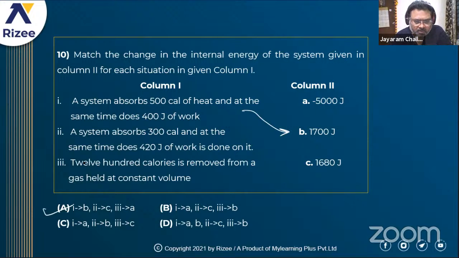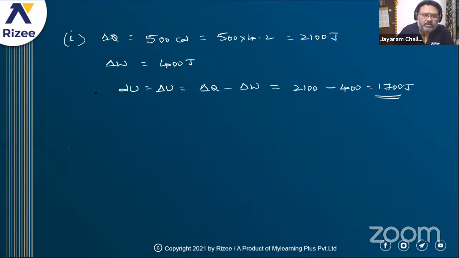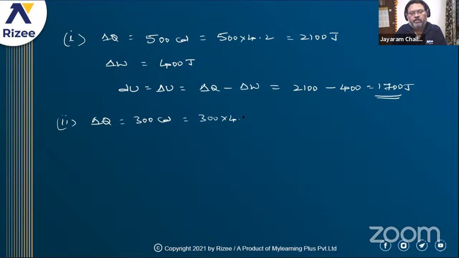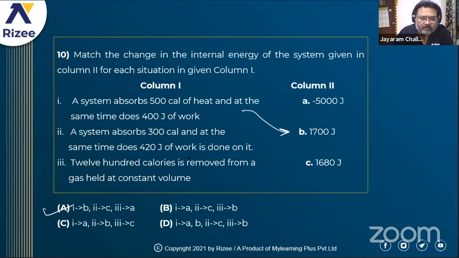Or if I go for the remaining also, heat absorbed is 300 calories for the second question. That is delta Q is equal to 300 calories. Convert the 300 calories by multiplying with 4.2. The value should be 1260 joules. This is the heat supply. Next, work: at the same time 420 joules of work is done on it.